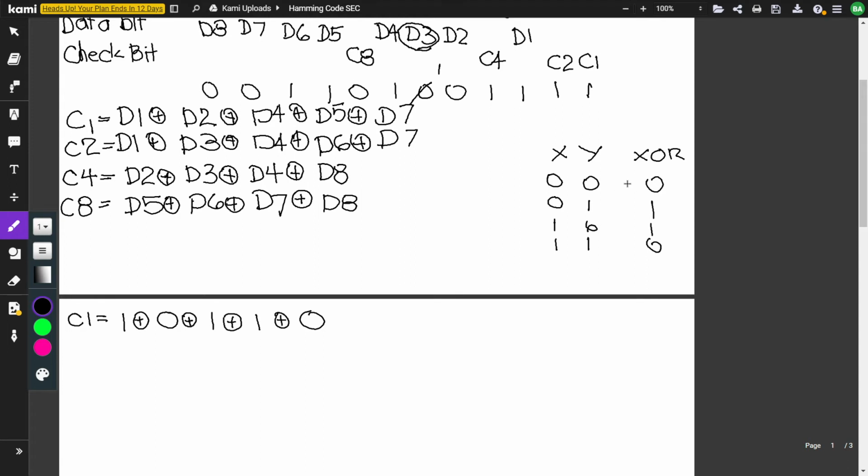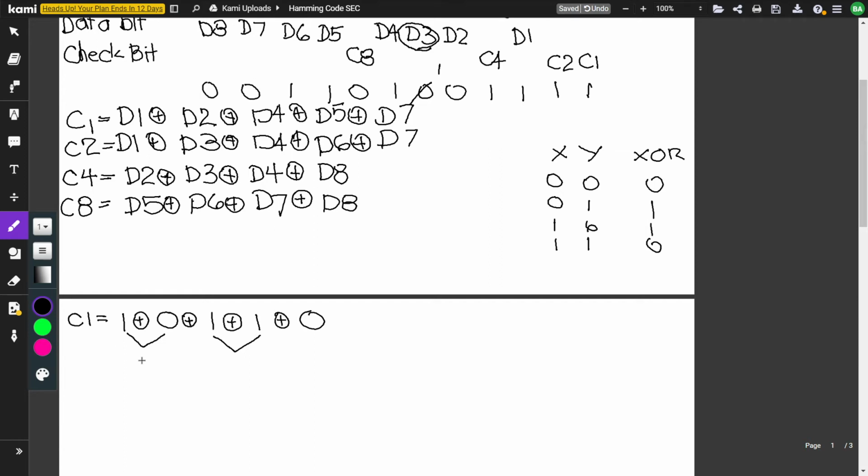Another characteristic of XOR is that you should do it pairwise. Unlike other operations such as AND and OR, which can be done simultaneously on any number of binary values, for XOR you must do it in pairs. For our example C1, you pair these two, and then pair these two, and then this is the fifth one.